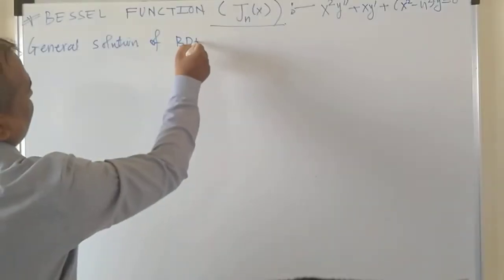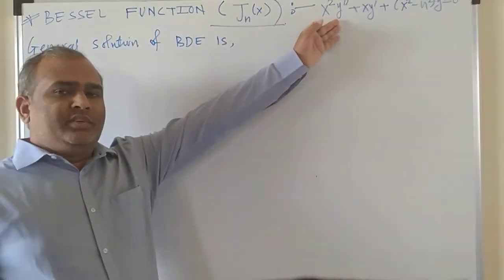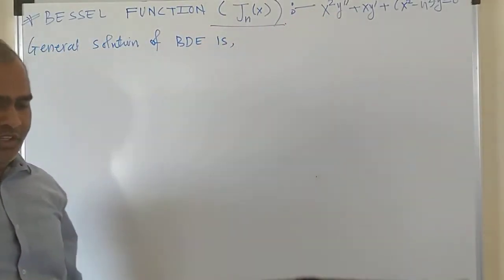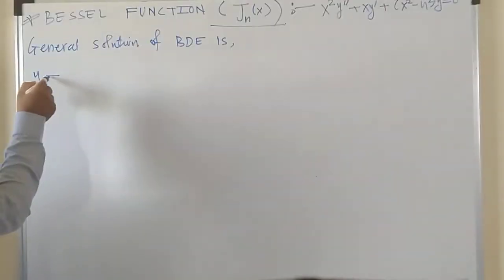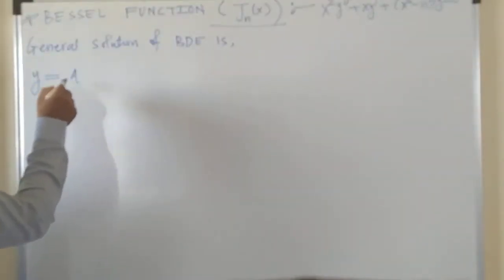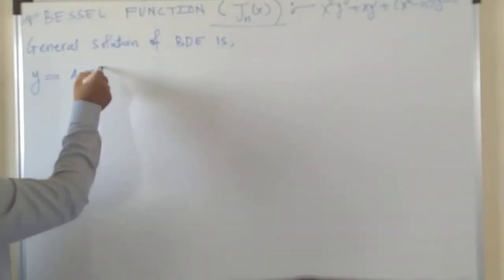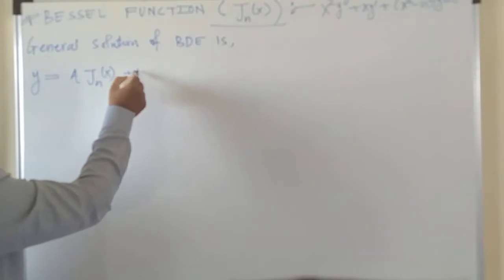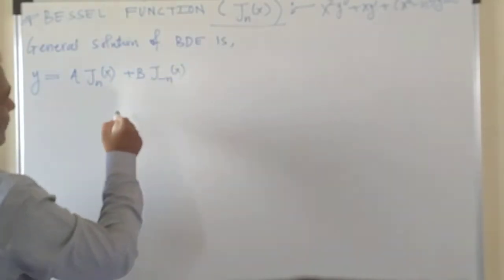of Bessel differential equation is, what is this? This is a differential equation, and each differential equation has a general solution, and it's written as y is equals to a into Jn of x plus b into J minus n of x, right?